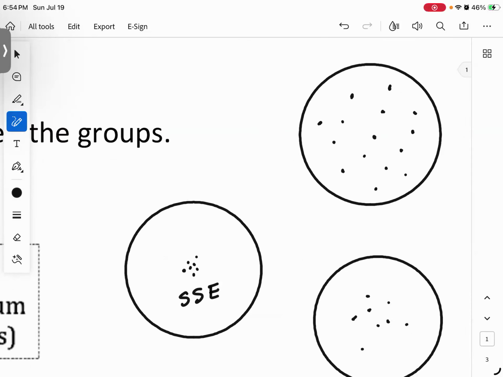And so that would be the distance between here and here. That is SSG, the variation between the groups. The best combination that you want is that the variation within the groups is really, really small, and that the SSG, the variation between the groups, is really wide.